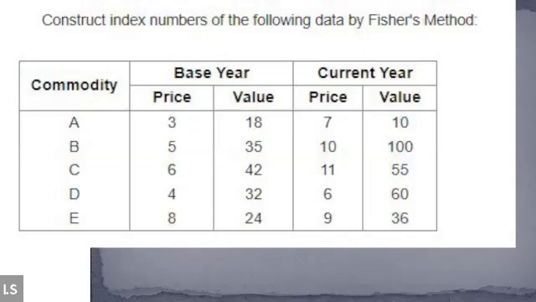That means that customer is spending a total of 18 rupees on commodity A when the price of commodity A was 3 rupees. So how much total quantity must he have bought? If price was 3 and total spending was 18, how much quantity must he have purchased?